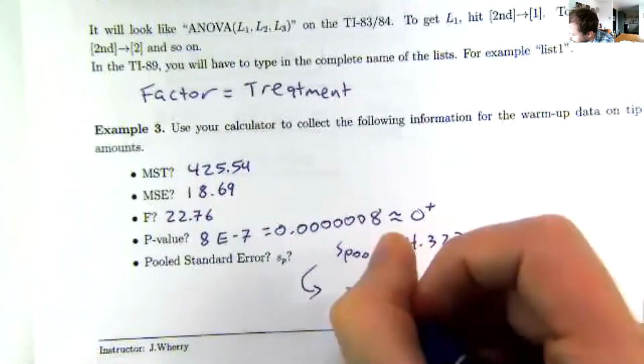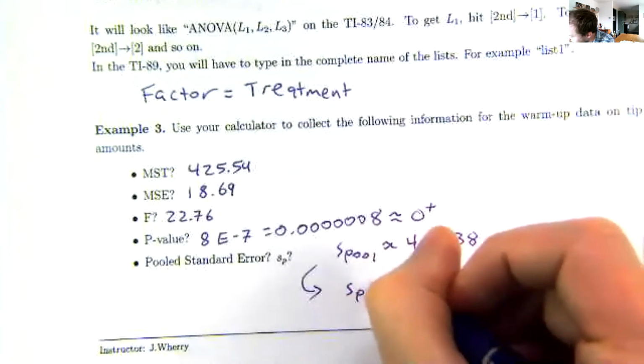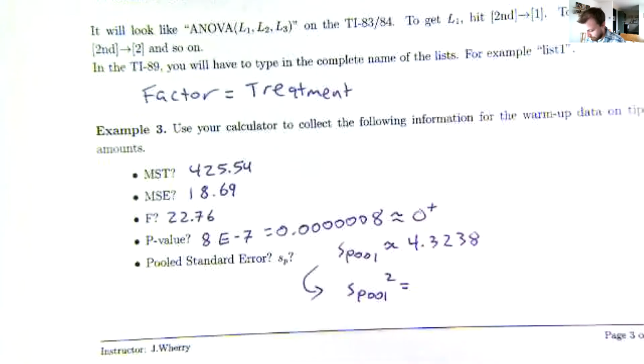Now, just as a note, if we square this number, let's see what happens. So I'm kind of squaring up those standard errors that I've been adding together. And then I've kind of averaged it out in some sense.